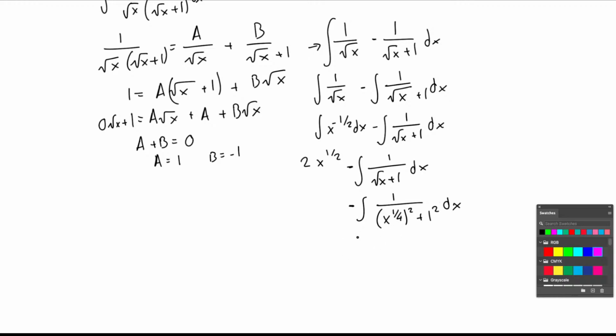And that is equal to the tan formula, 1 over a tangent inverse x over a. Now our x in this case would be x to the 1/4.